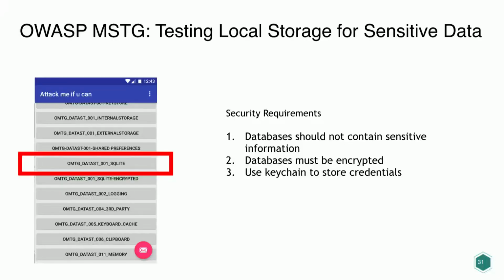Another example is testing local storage for sensitive data. Our security requirement will be that databases should not contain sensitive information, as we know they're insecure. Databases must be encrypted, for example, and we should use the keychain to store the credentials.